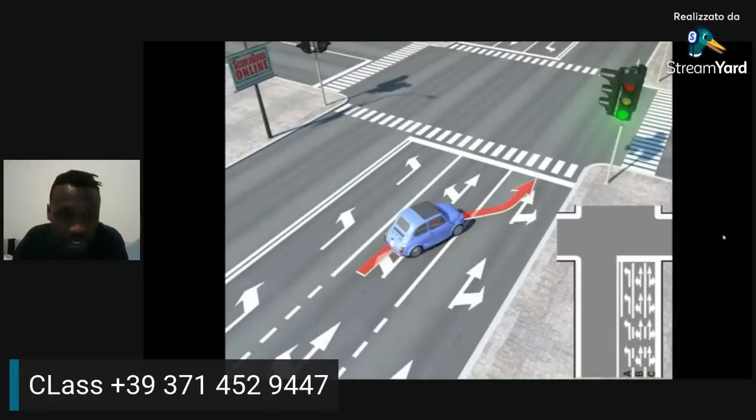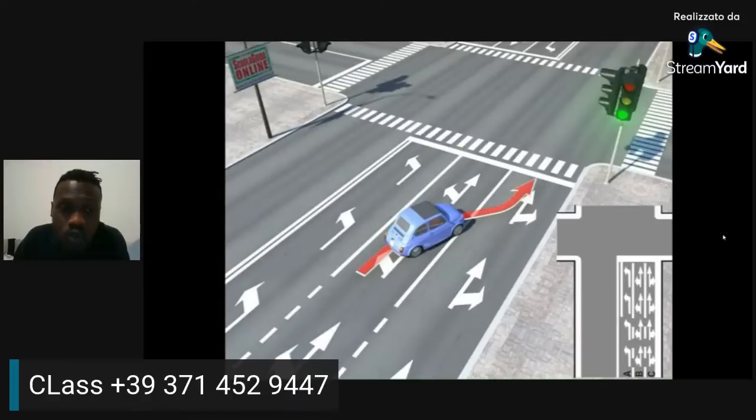Well done, Madam Helen. So you realize that if you want to change lane, before choosing it, make sure that the line that divides the carreggiata or the corsia that you want to enter is what? Tratteggiata. Okay, tratteggiata.